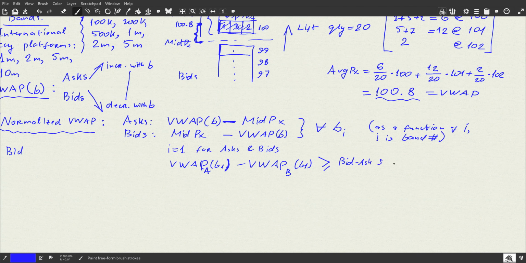It will be equal to bid-ask spread if band 1 is small enough so that it completely fits in the best bid, best ask.